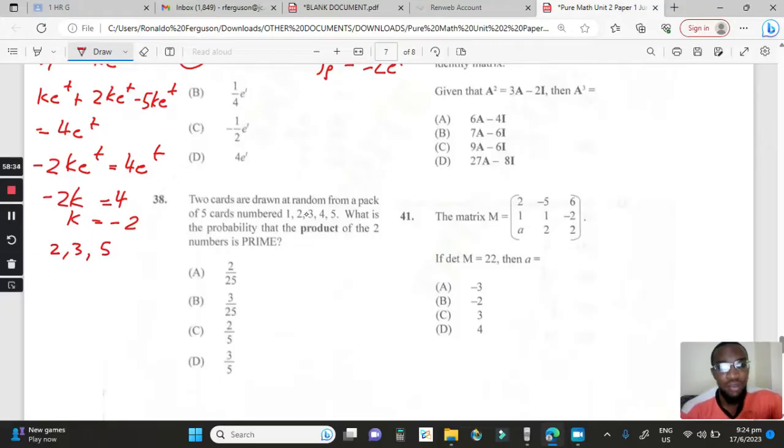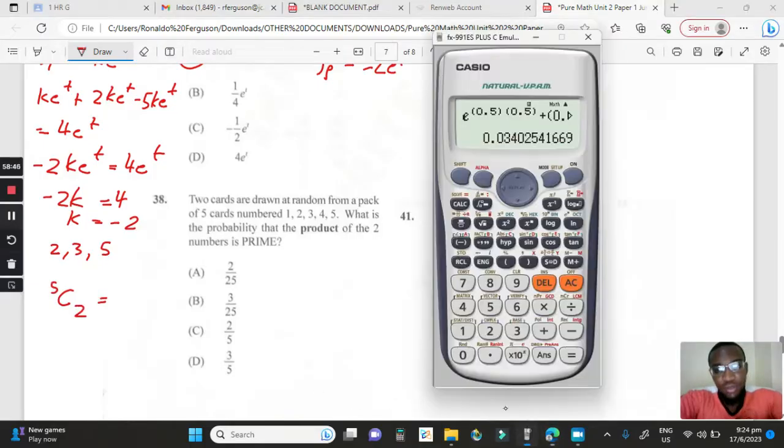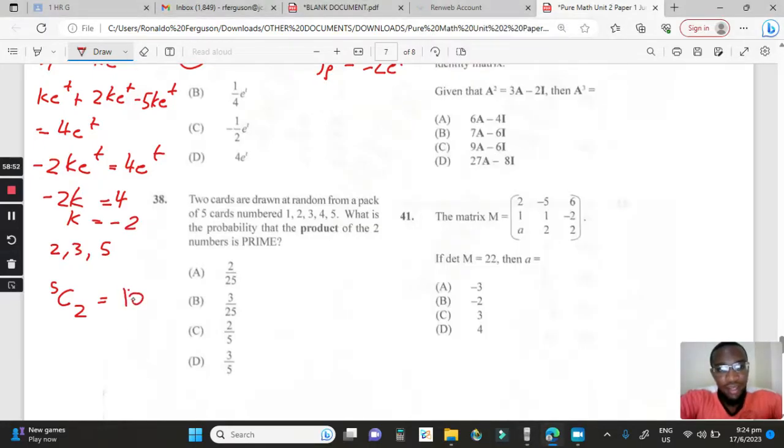So we're looking for any 2 numbers that when we draw 2 from these 5. First thing, choosing 2 from 5 is 5 choose 2, that is 10. So 10 ways we can choose any 2 from the 5, but we need the product to be a prime.